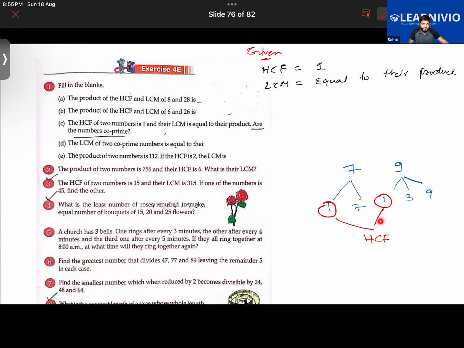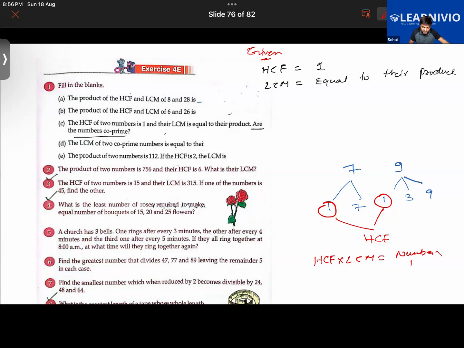The numbers 7 and 9 are co-prime. That is another important thing to note down. Keep this in mind, don't forget it. Also, we know that the product of HCF and LCM of two numbers is equal to the product of the numbers.